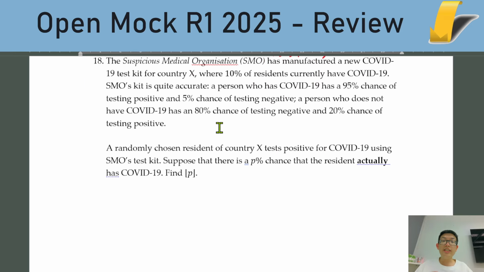Okay. Question 18. This is now a textbook example of your Bayes rule. But you don't really need to know Bayes rule to use Bayes rule. Bayes rule is just like the name of a phenomenon almost, of the fact that the answers to these can come out quite counterintuitive.